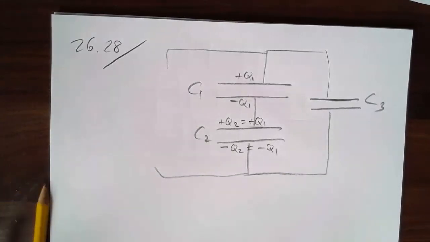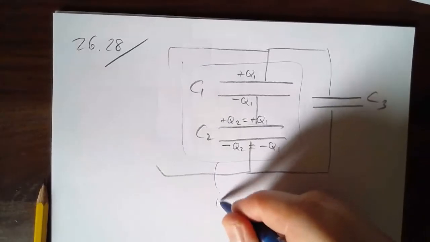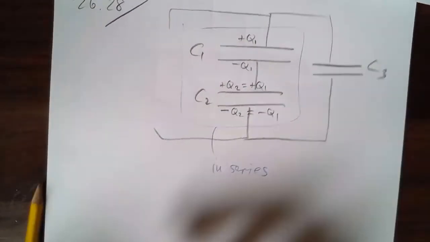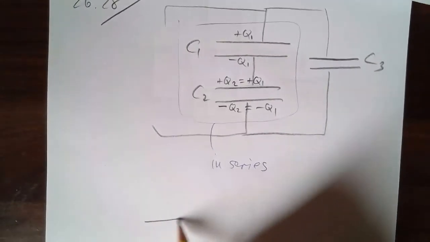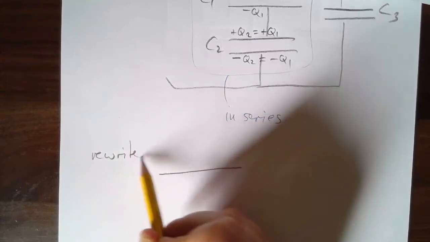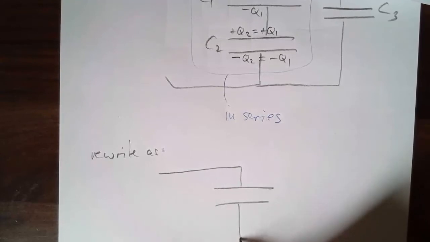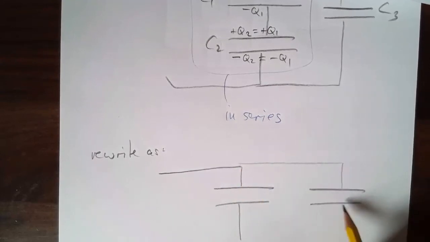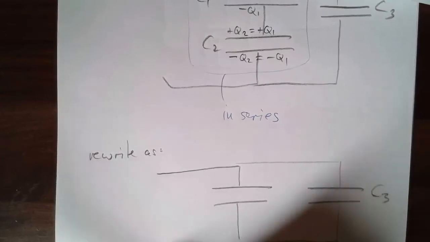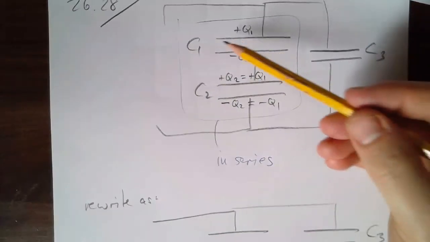So in this case, we start out with these two in series, right? And so you can rewrite this as having one capacitor here, a second capacitor here, this is C3, and then this is the combined C. Now because they're in series, they don't add, right?